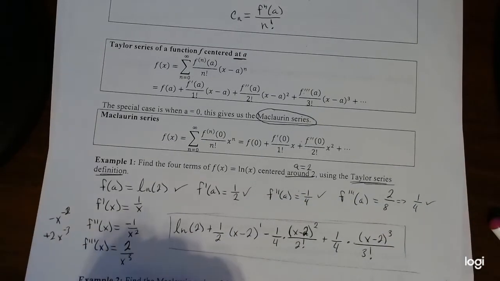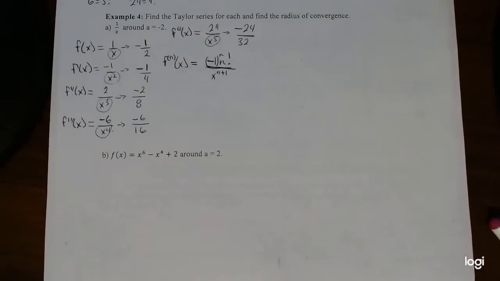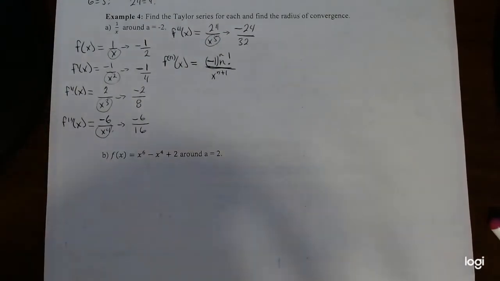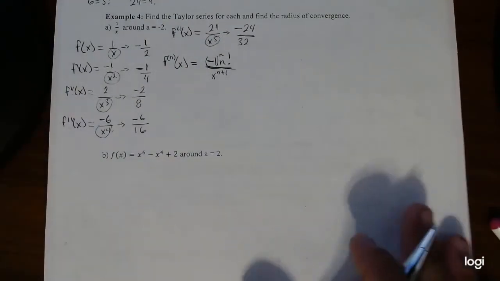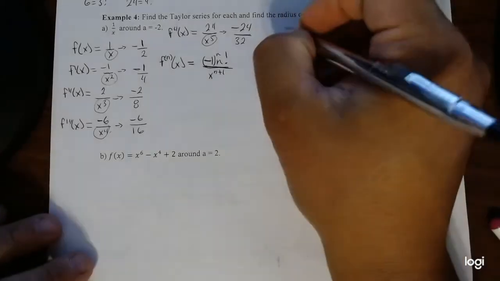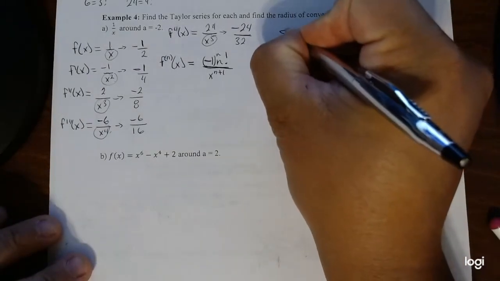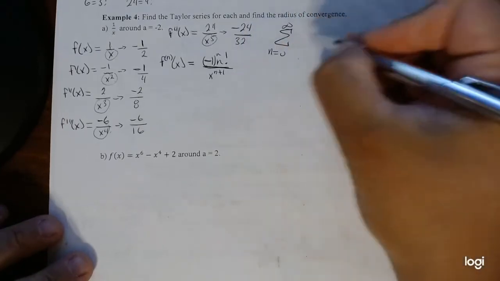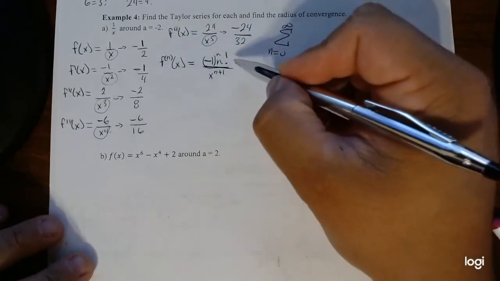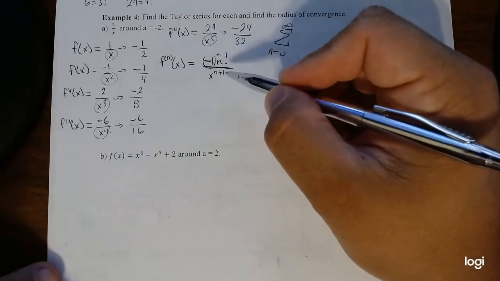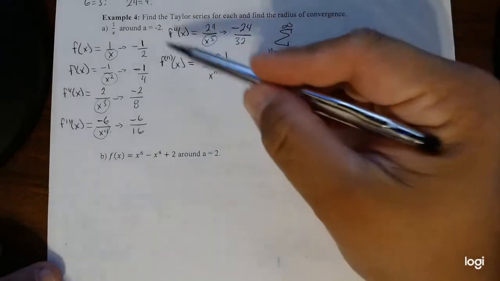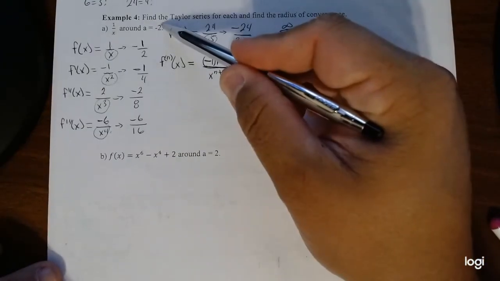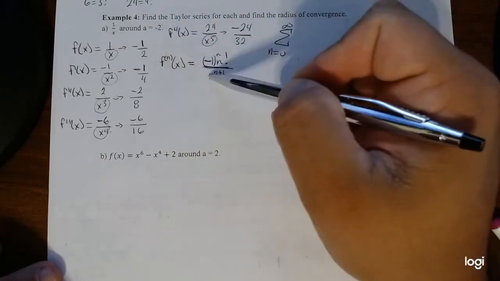Okay. So, in this process, the sequence is going to be the nth derivative, so all of this evaluated at a equals negative 2. So everywhere we see x, I'm going to plug in negative 2.